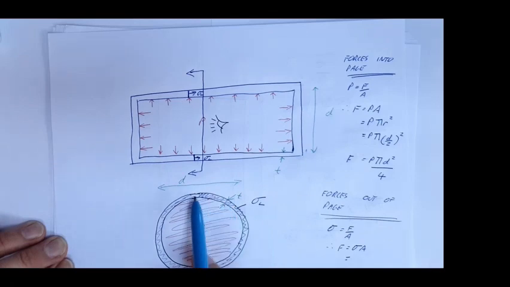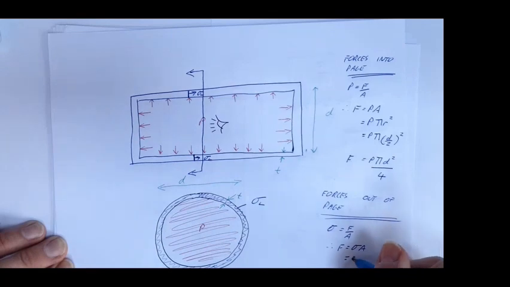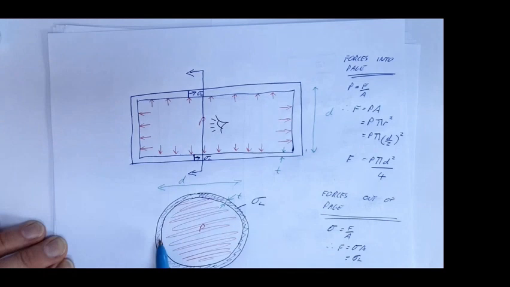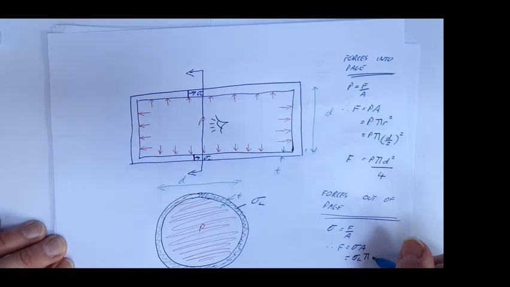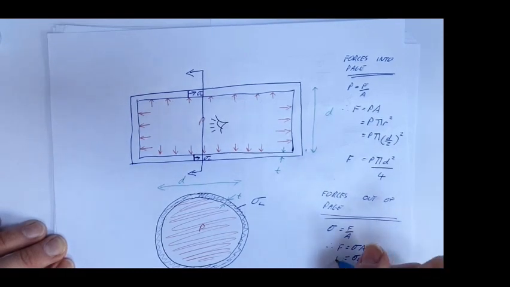That's approximately this area. So we're simply going to say my longitudinal stress times by the circumference times by the thickness. Now the circumference of a circle is pi d, 2 pi r. So pi d by the thickness t. That's going to be the forces acting out of the page.